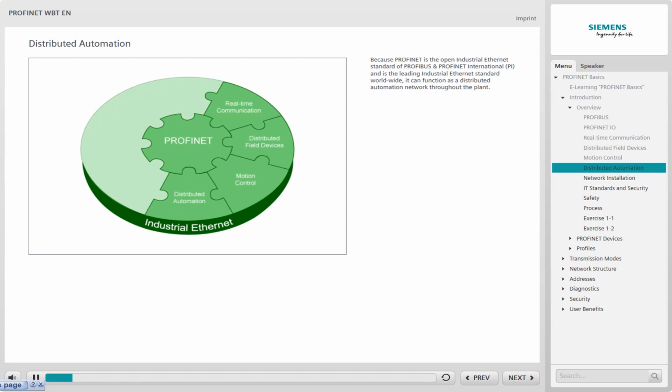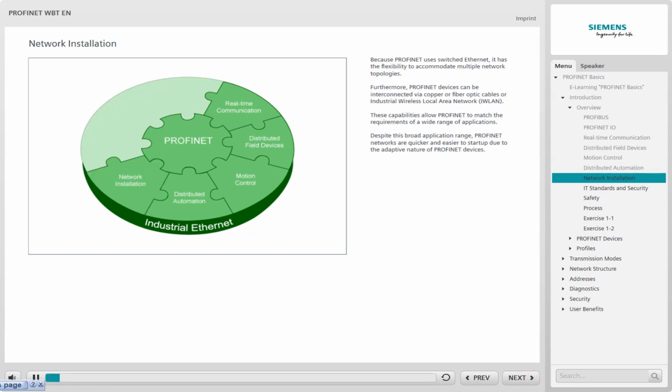Because PROFINET is the open industrial Ethernet standard of PROFIBUS and PROFINET International PI, and is the leading industrial Ethernet standard worldwide, it can function as a distributed automation network throughout the plant. Because PROFINET uses switched Ethernet, it has the flexibility to accommodate multiple network topologies.